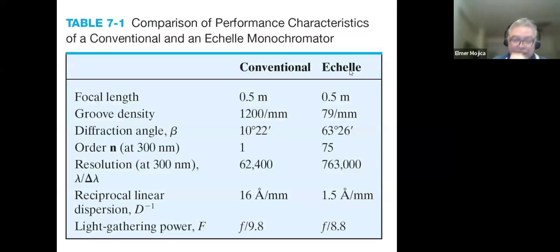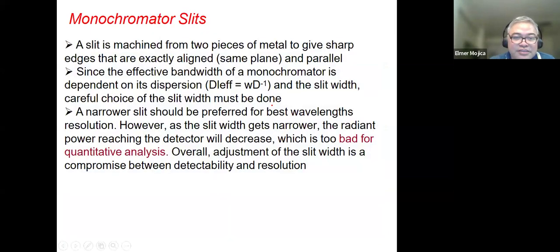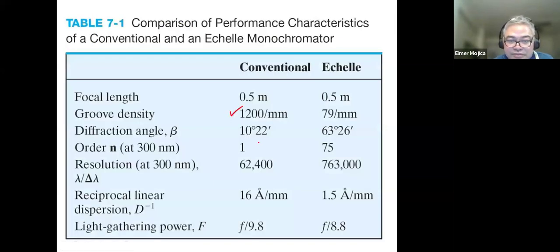So if we compare the characteristics of a conventional and an echelle monochromator, look: focal length, the same; groove density, this is much higher; diffraction angle, this is much higher; order, this is much higher; resolution, this is much higher; reciprocal linear dispersion, this is higher; and light gathering power, F over 98 and this is F over 88, so this is much higher.